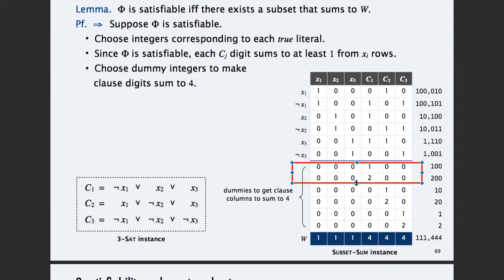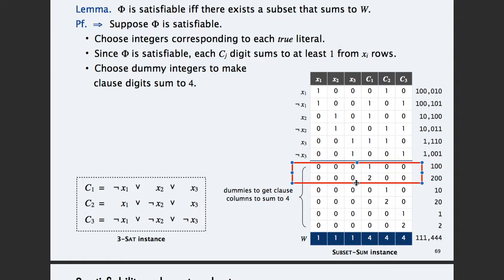Since you're using disjunctions, like C1 is not x1 or x2 or x3, theoretically couldn't you just have one of those three have a one value in that column, or do you still have to have all 3 of them? I don't have all 3, I just need 1, which is why I do this. Imagine that I only have not x1. So I'm going to choose this one, and then I'm going to choose these other 2 rows, 1 and 2, to make it add up to 4, because I only had 1.